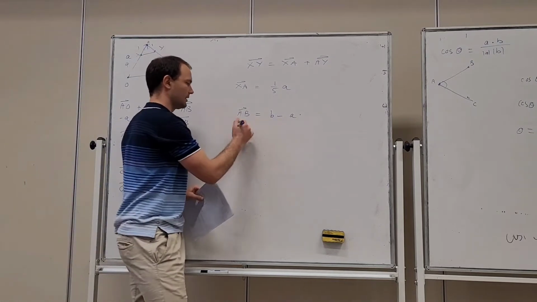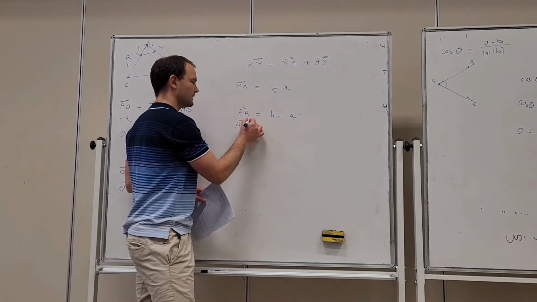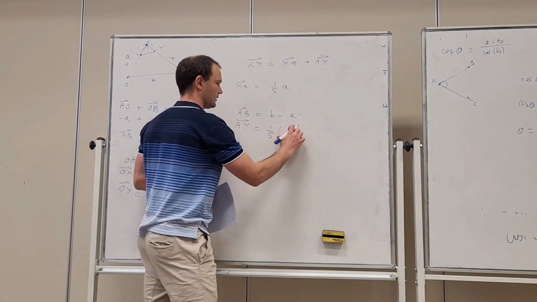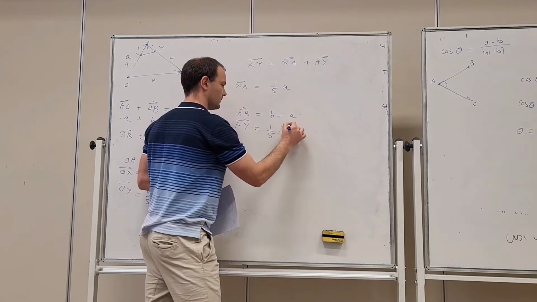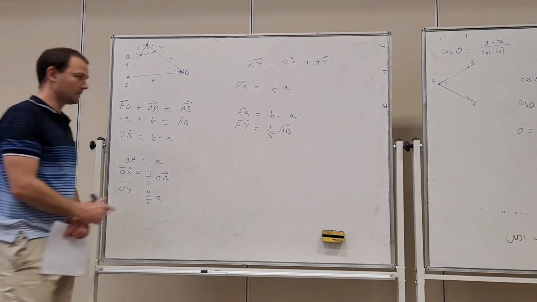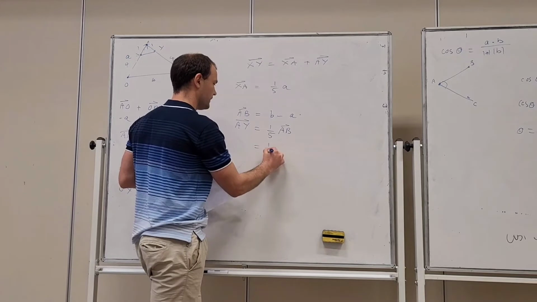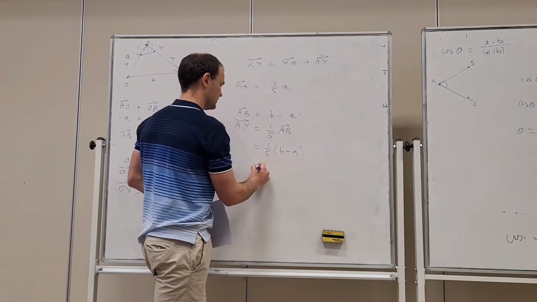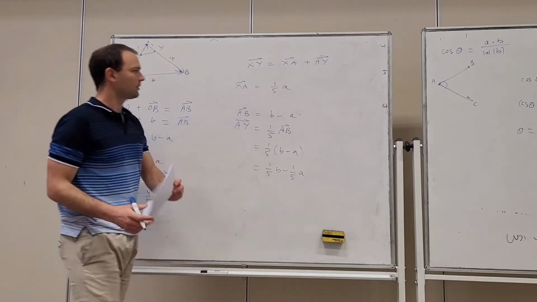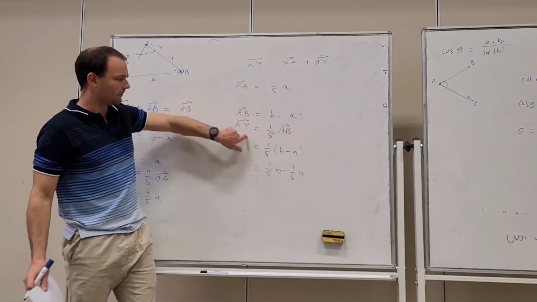So I'm just making the argument here nice and clear. Vector AY is 1/5 of vector AB. Alright, so in terms of A and B, that's 1/5 of B take A. So 1 on 5B, take 1 on 5A. Okay, we've got the components. We've got XA and we've got vector AY.